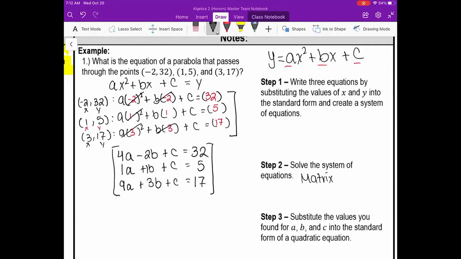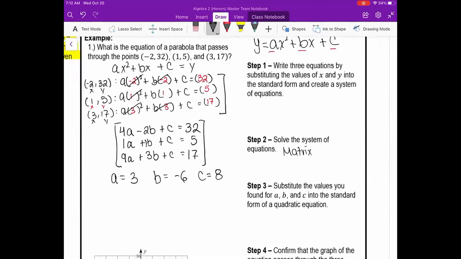All right, so again, we know that a is equal to 3, b is equal to -6, and c is equal to 8. So now we can go ahead and create our quadratic function. So I've got y equals ax squared plus bx plus c.